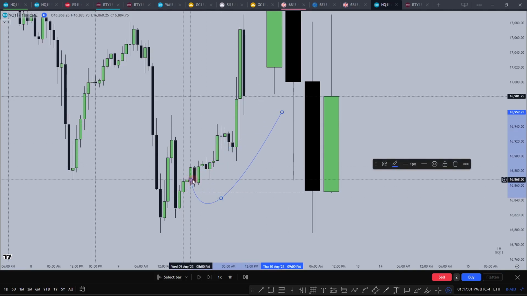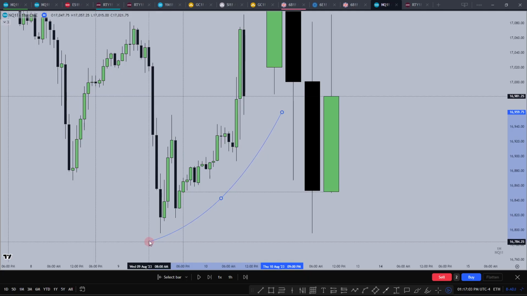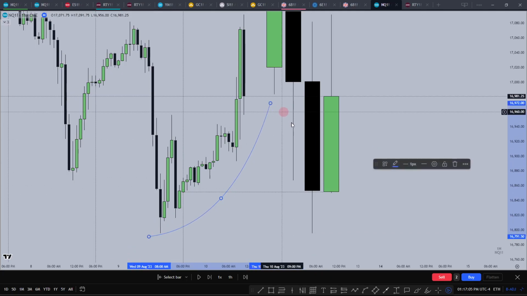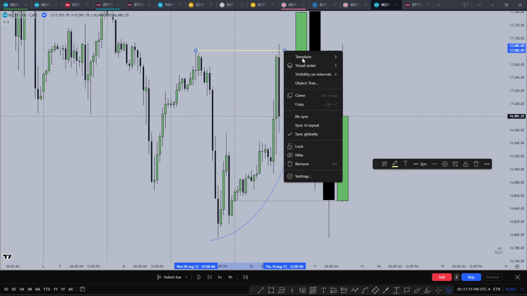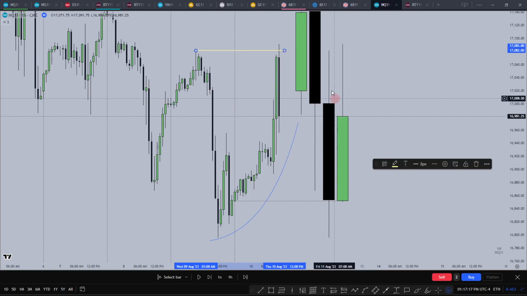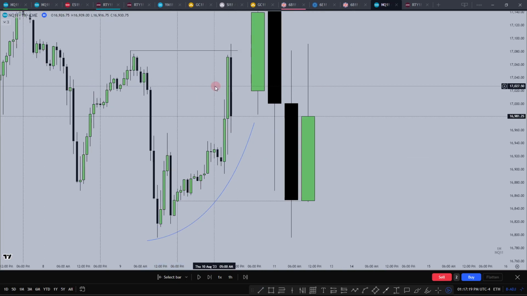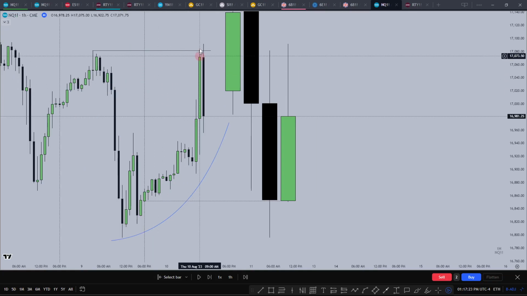Price forming unestablished lows while heading towards the relevant key level to sponsor the move lower, sponsor the high of the candle. This, no, previous day high. Price immediately displacing away from this.